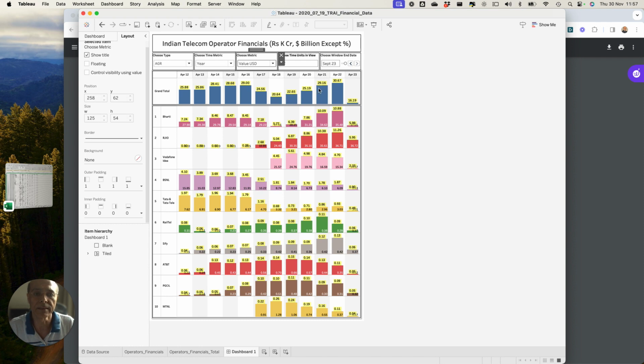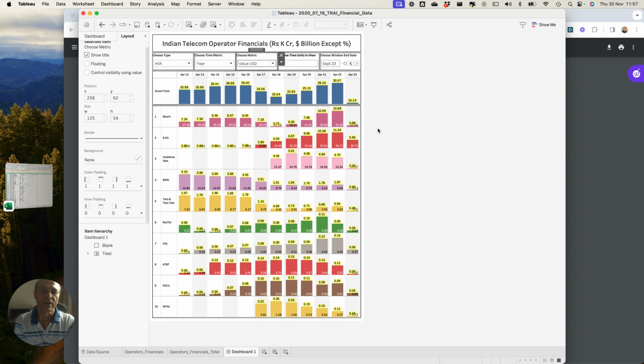It means the industry is now going healthy. The revenue of the industry in dollar terms is increasing. In the last financial year, FY23, $30.677 billion of total revenue was generated by the Indian telecom industry, and this year in 2 quarters it is $16.19 billion.